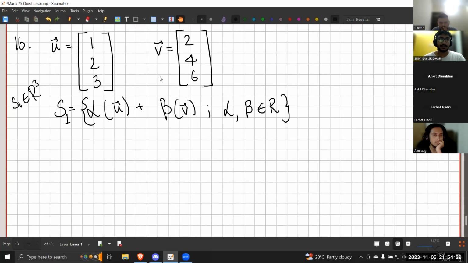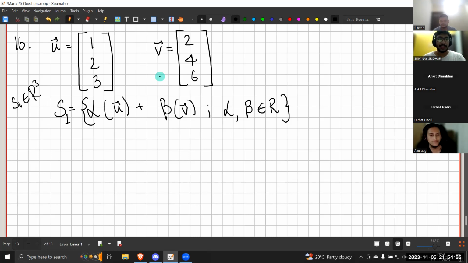So S1 is all the points that are a linear combination. I'm going to use the term linear combination, and I hope everyone is comfortable with it. It means nothing but scaling the first vector and adding it to the scaled version of the next vector. Here I've chosen alpha and beta to be my scalars, and U and V are as defined above.